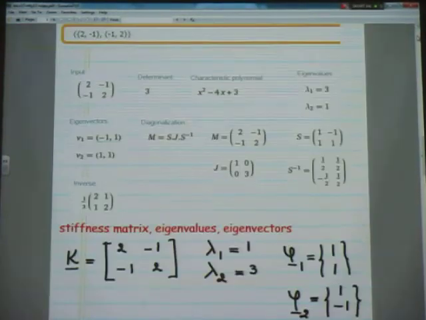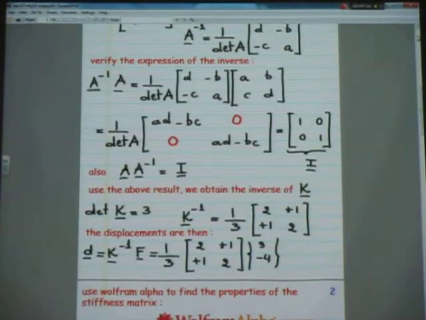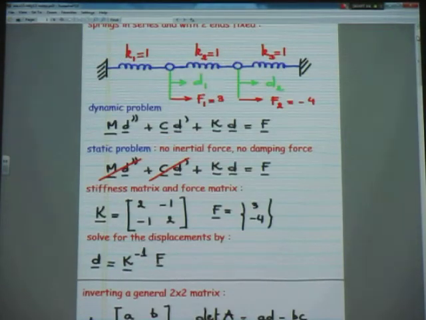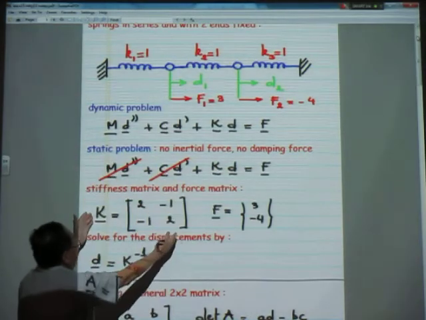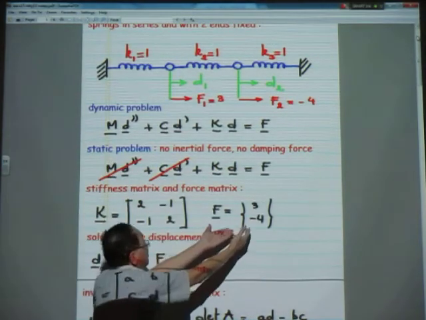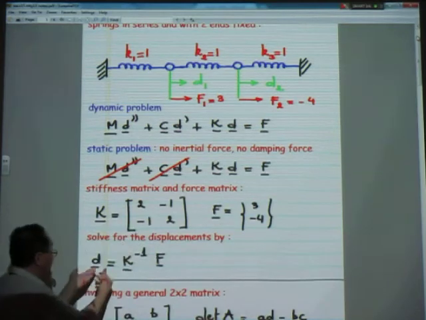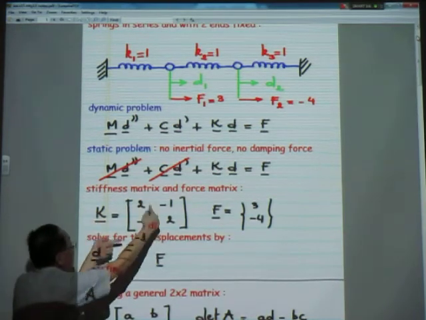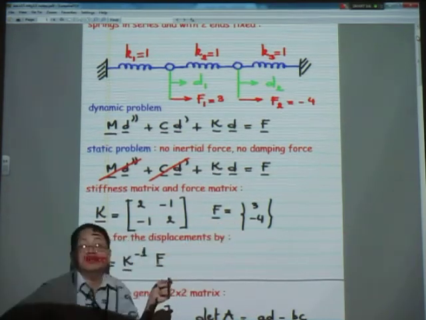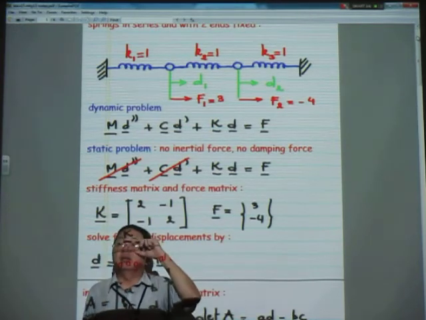Let me zoom out so that you can see the big picture. This is the original problem, the simple example, and this is the stiffness matrix. This is the applied force matrix. The displacement is just inverting this matrix times the force matrix, and then you get the displacement.